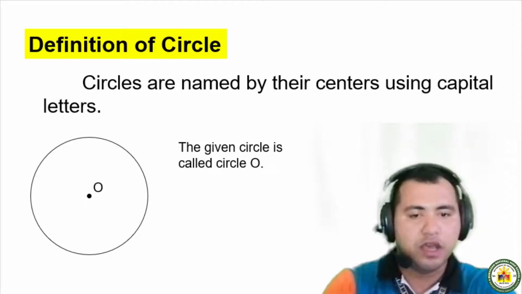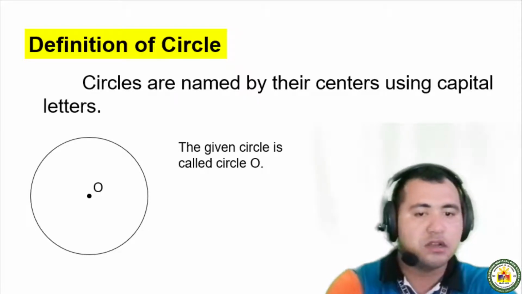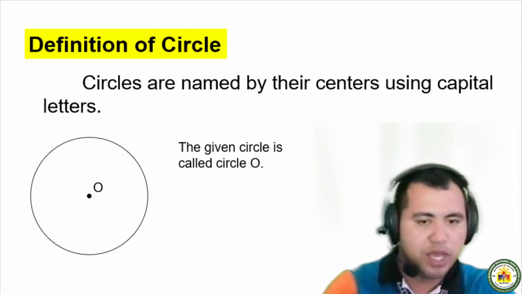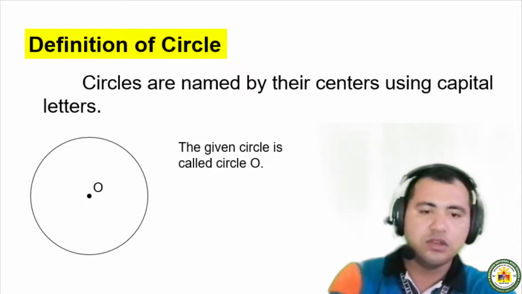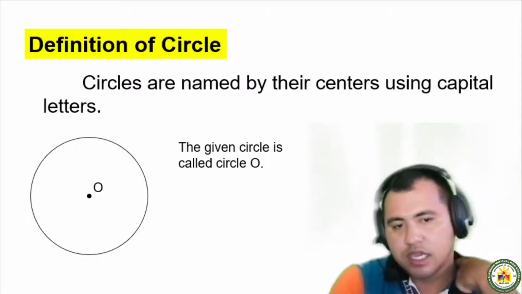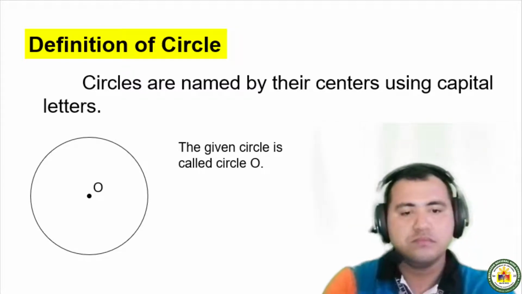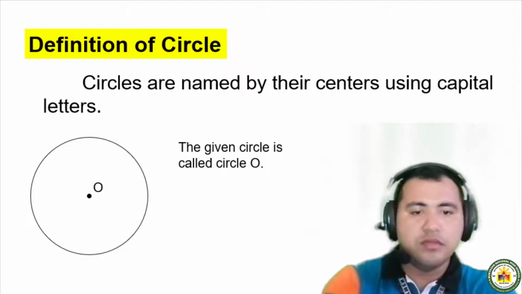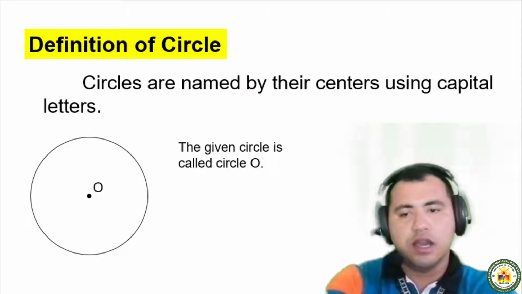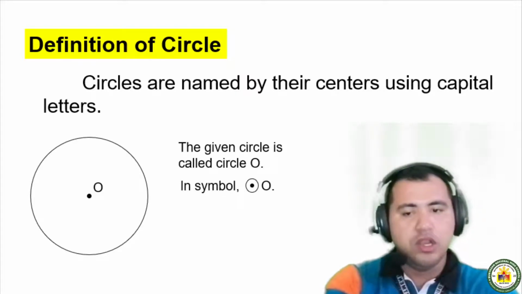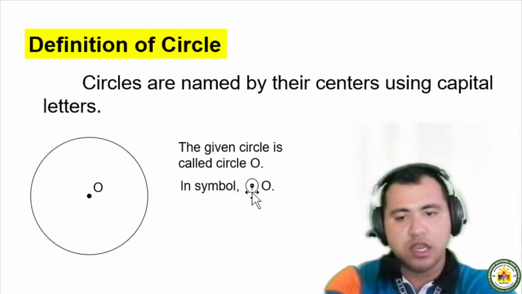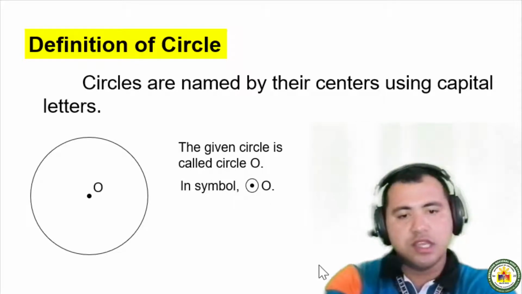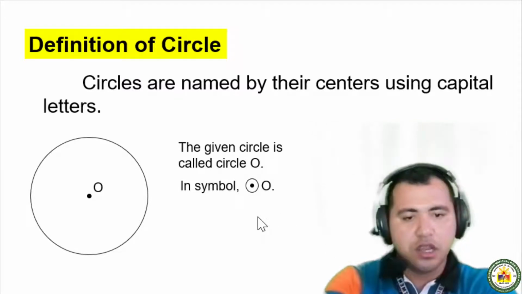So in that figure, the center is O. So therefore, the given circle is called circle O. Pangalan ang circle base sa iyang center. In symbol, this is the symbol for the circle. Kanang lingin nga gamay nga naay point sa tunga. That is read as circle O.